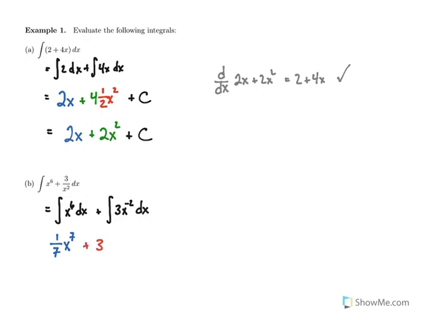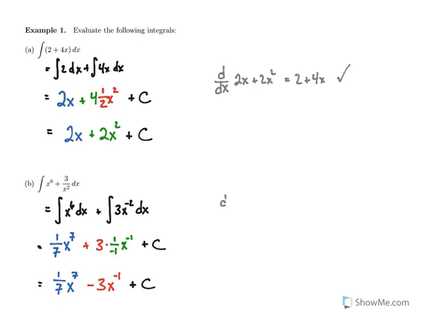Same thing here, we're going to have 3 times increase the power by 1, that's negative 1, and divide by the new power, negative 1. Let's not forget the plus c at the end. And then writing everything out, we have 1/7 x to the 7th minus 3x to the negative 1 plus c.